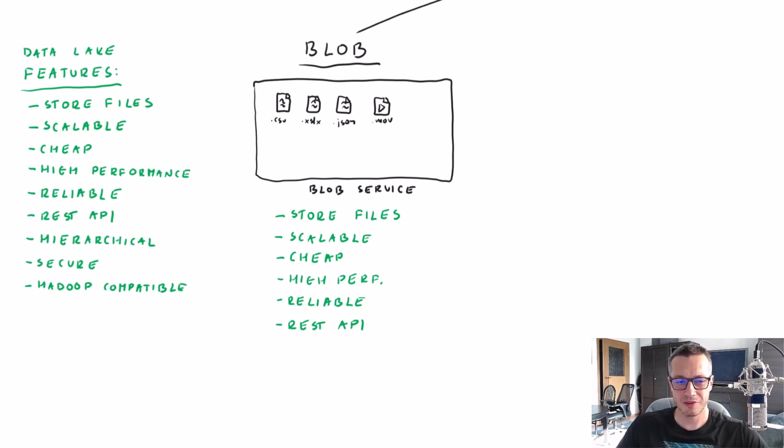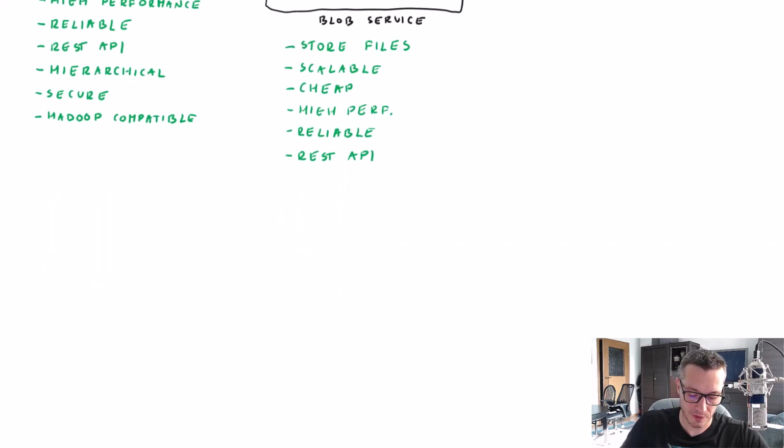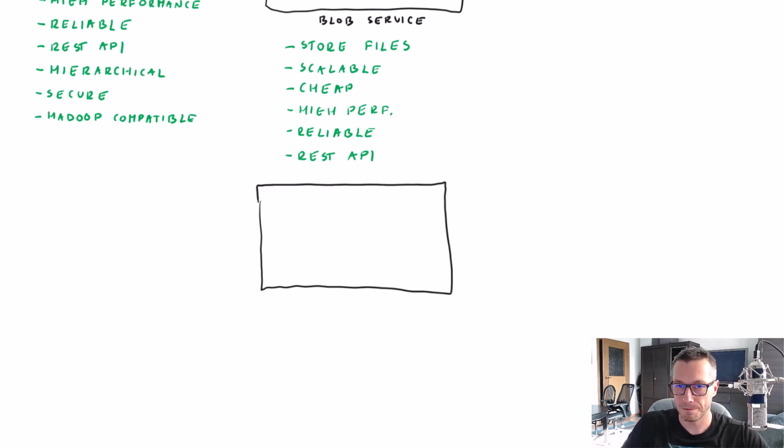Now, how about structure and hierarchies? Can we create them? What I would like to have is this. Let me draw our Blob service, and let's say we would like to have a structure like this. We have a root of our blobs.